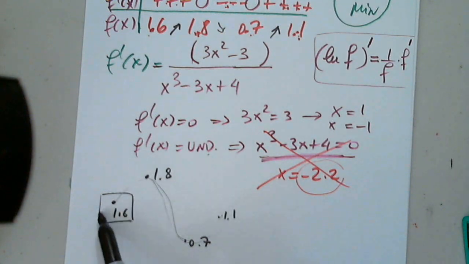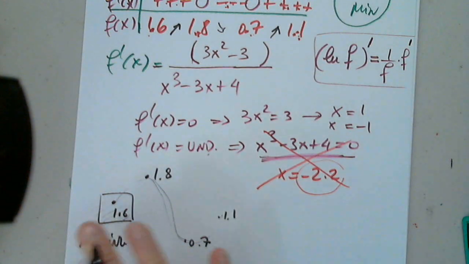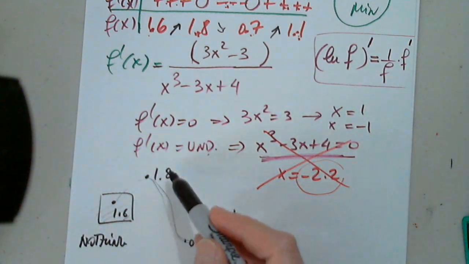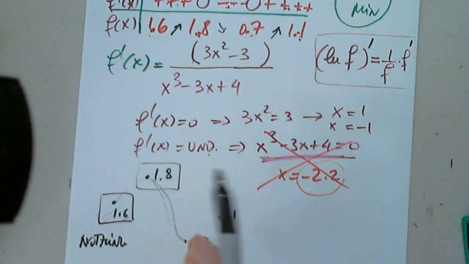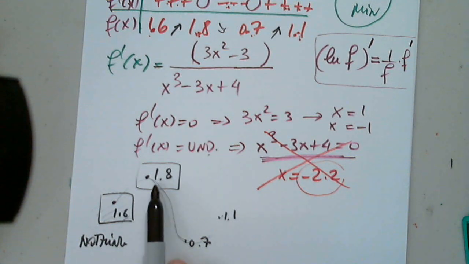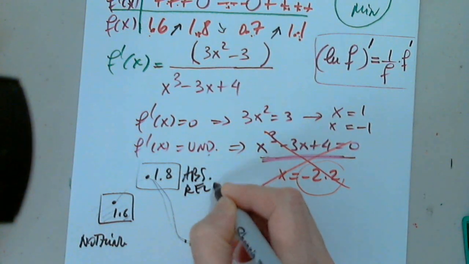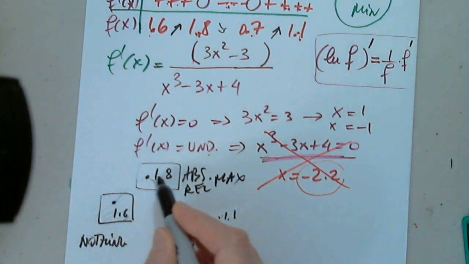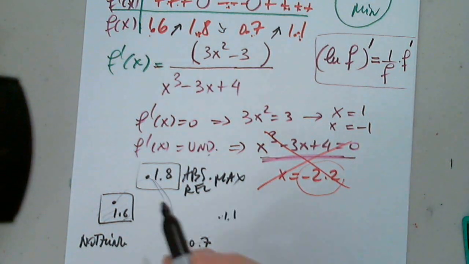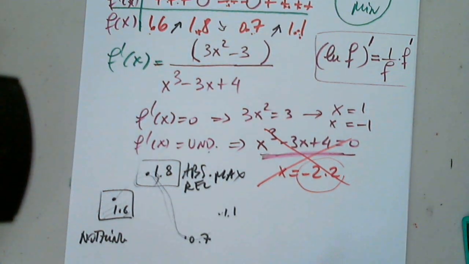No relative at the end point. So this is nothing. No relative at the end point. What is this one? A relative max. Yes, an absolute. Absolute and relative max. Absolute, the largest, and also relative because the function exists on both sides.